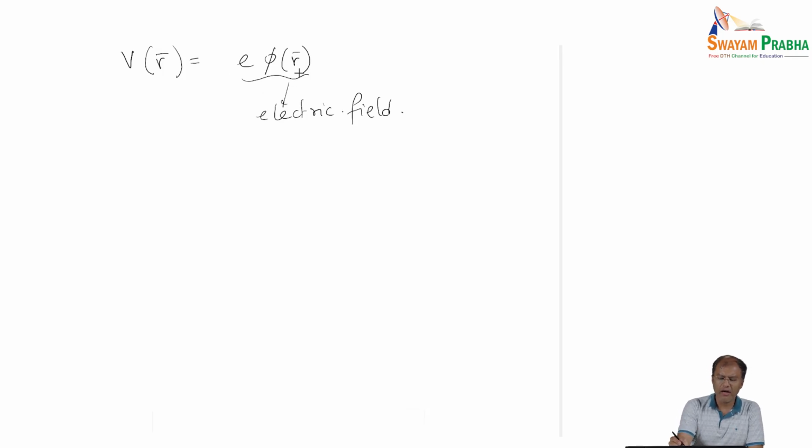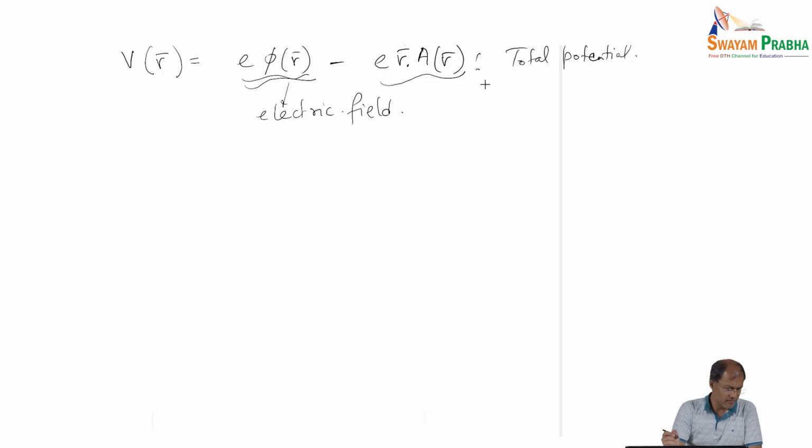So the electric field gave us a simple form of the potential, and minus E times r dot dot product with A of r, and this is our total potential. The potential due to the electric field, the potential due to the magnetic field, the total potential.